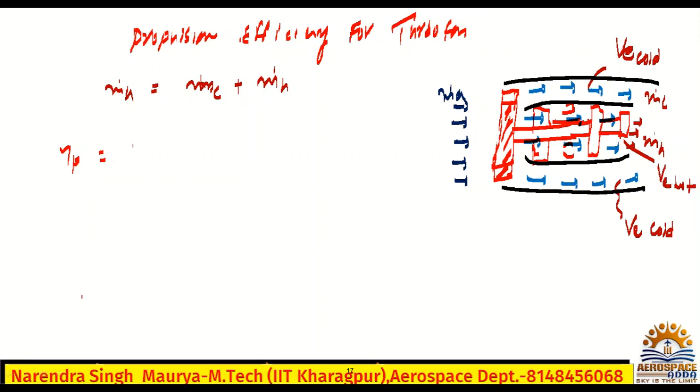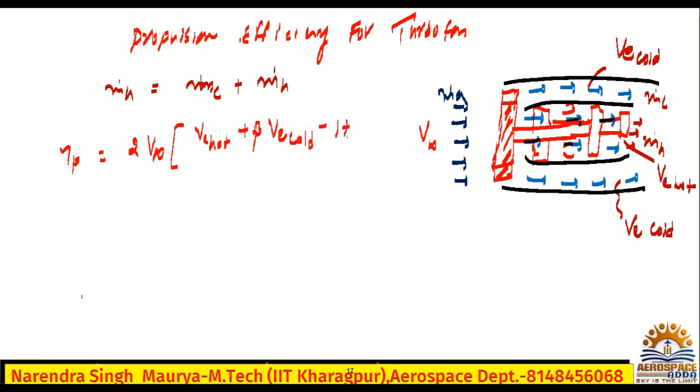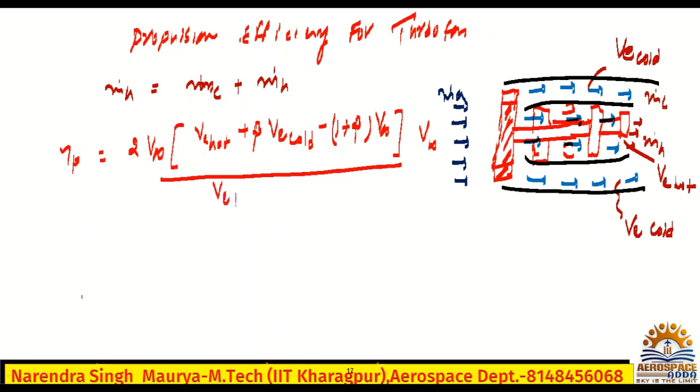So we'll write 2 into V infinity, this is the free stream air, in bracket V exit hot plus beta V exit cold minus 1 plus beta V infinity, divided by V exit hot square plus beta V exit cold square minus 1 plus beta V infinity square. This is the formula.